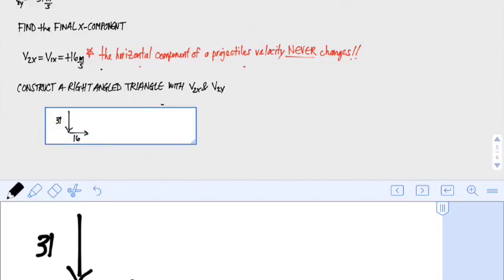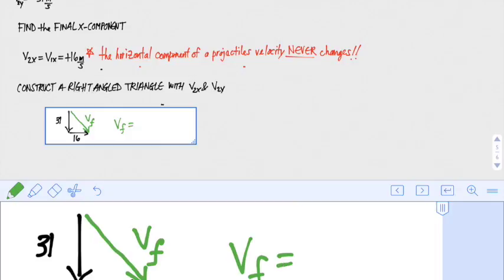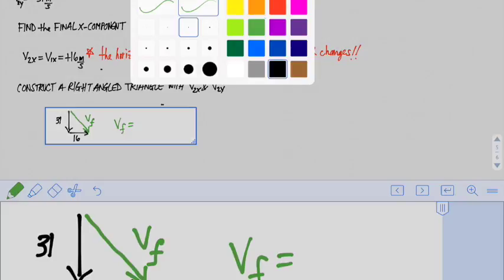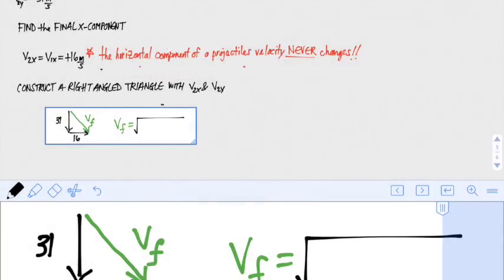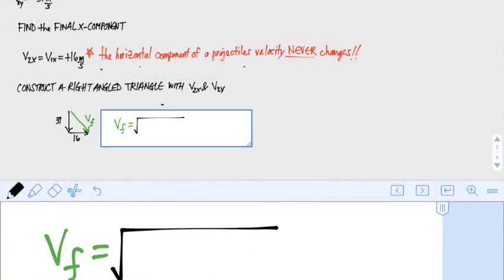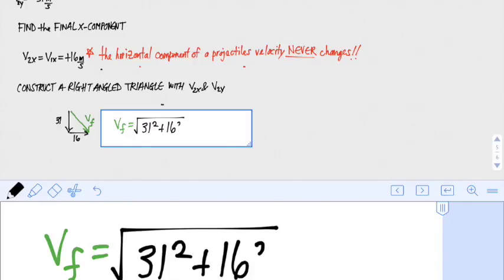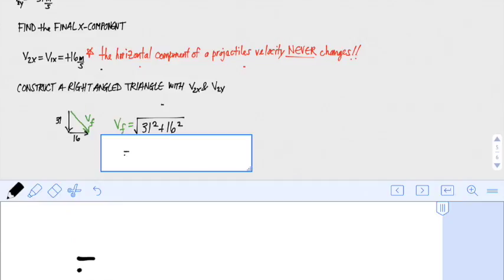And the final velocity is this vector right here. We can calculate the final velocity using Pythagorean theorem. It's equal to the square root of 31 squared plus 16 squared. If you punch this into your calculator to 2 significant digits, you should get 35 meters per second.